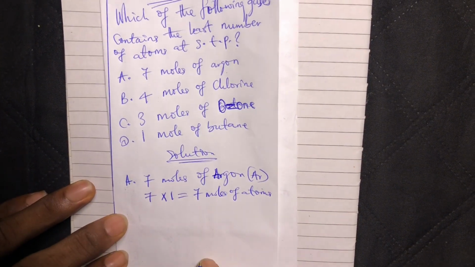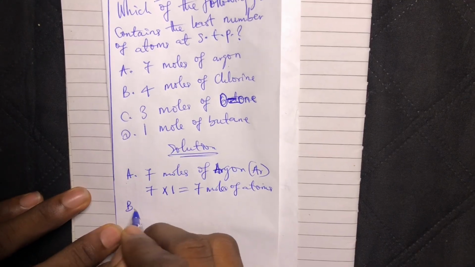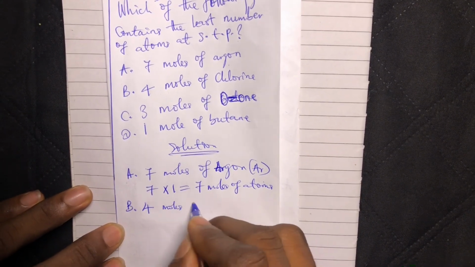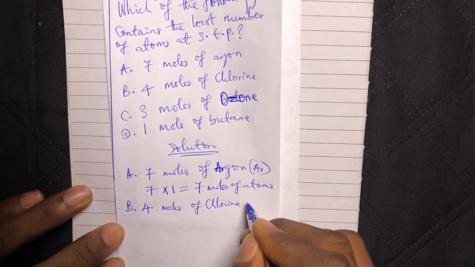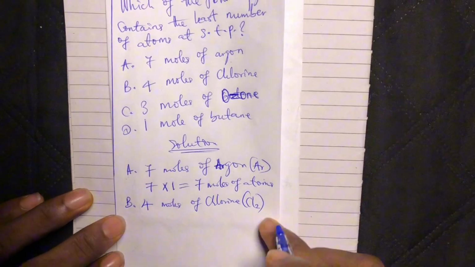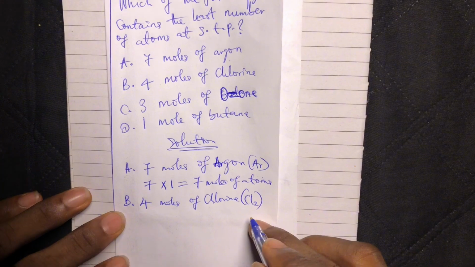All right, so let's move on to option B, which is 4 moles of chlorine. Now, chlorine is a diatomic substance or diatomic element.